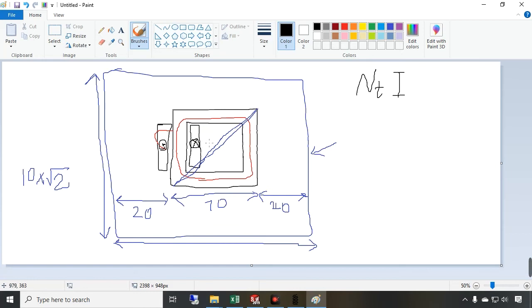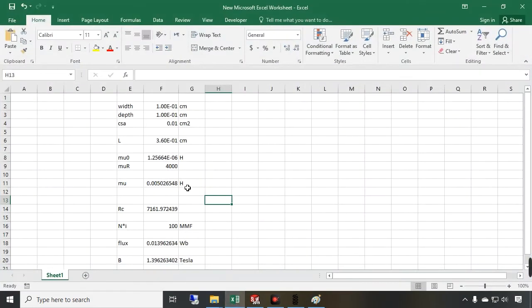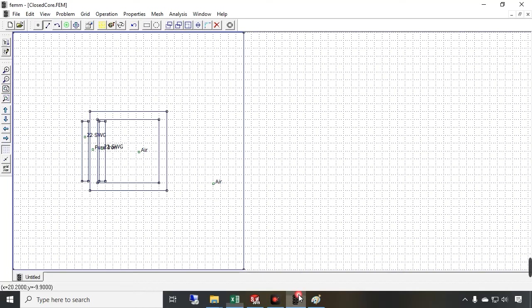This is the total current, negative of NTI, for this coil arm, and the value of current here is NT times I. Here I am going to consider N times I equal to 100, or 1 ampere times 100 turns. You can suppose that the number of turns is 100.